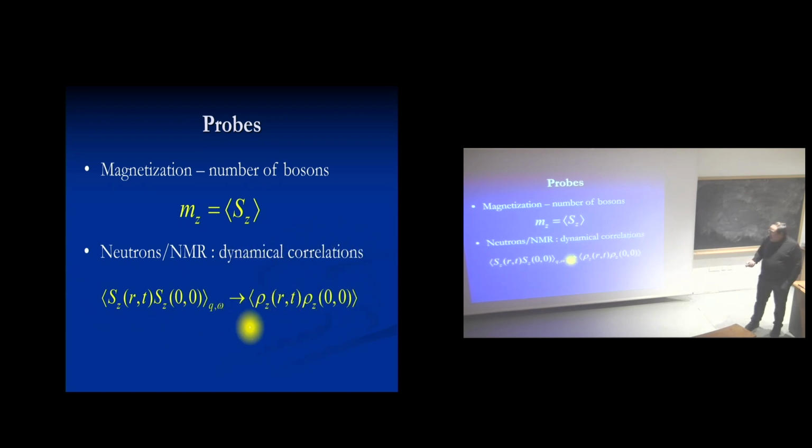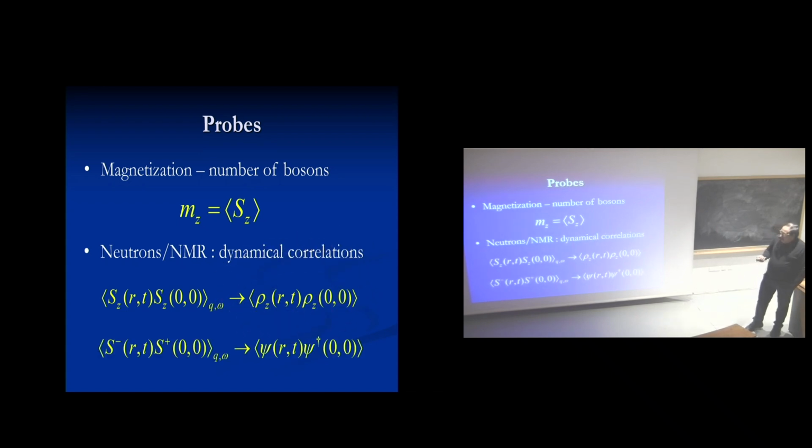So this is a direct measure of the structure factor of the bosons, while the S plus S minus correlation, which is also measured by neutron scattering, as Jean-Sébastien explained to you, is measuring psi dagger psi. So this is measuring the single particle Green's function for the bosons. It's measuring the G1, for people who like this denomination, while this is the G2 correlation.